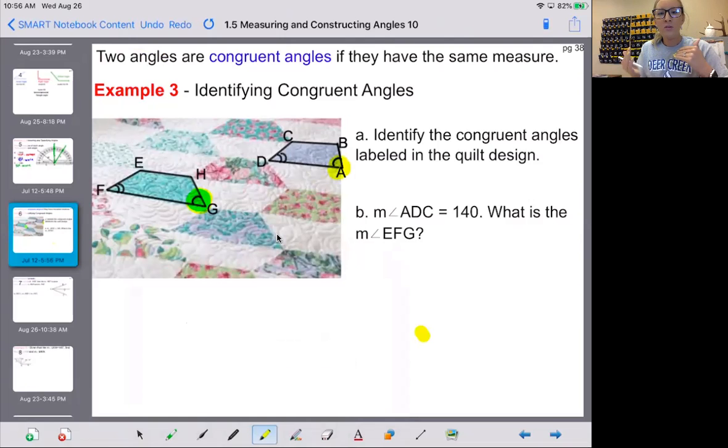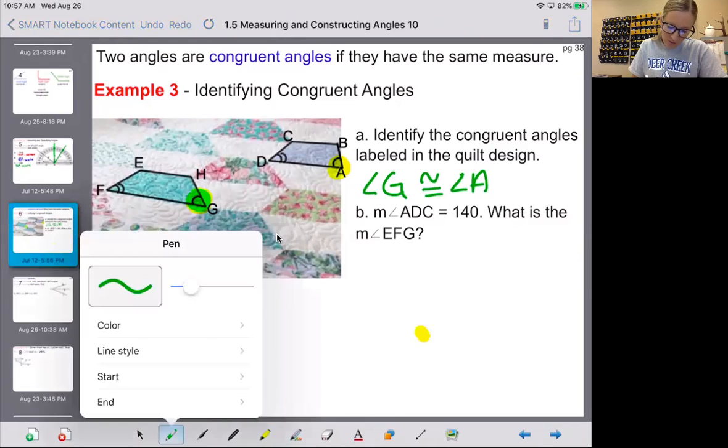So if you see those little swoops on the arcs or on the angles, that means that they are the same degree measure. So angle G is actually congruent to angle A because they have the same little swoopy thing.